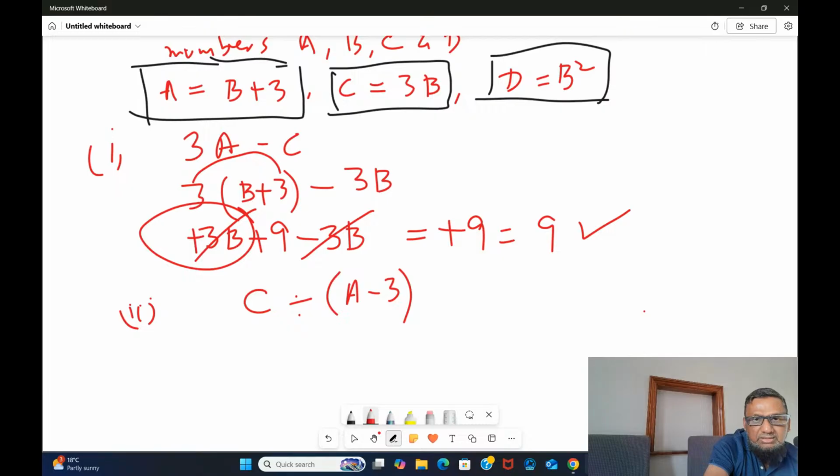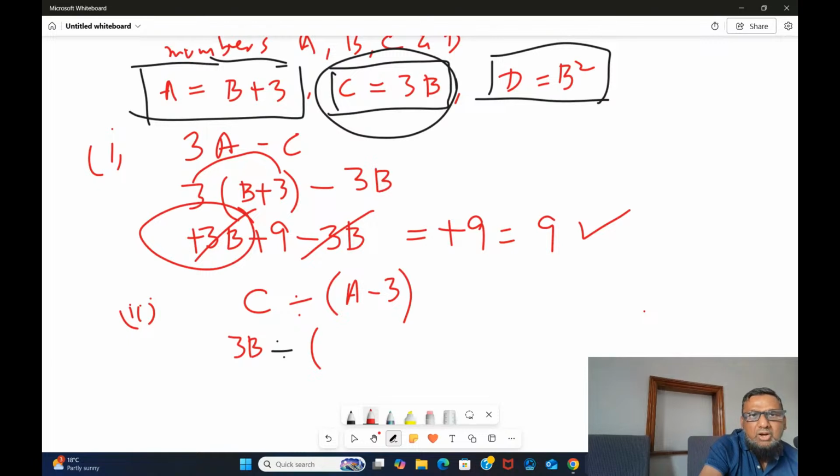Let me write it down. Instead of c, I can write 3b, since the c value is given as 3b. Divide sign, and the value of a is given as b plus 3, and minus 3.